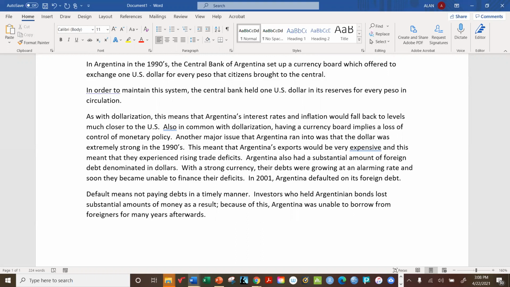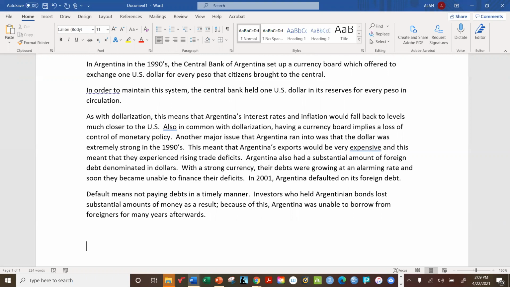It wasn't a surprise to anyone that they reached a point where they couldn't cover their debts because they borrowed so much money. Every year their budget deficits were just massive, and they just couldn't seem to get their spending under control. And so by having all that debt and having a strong currency, they could no longer earn enough money from exports to help pay for their foreign debts. And before you knew it, pow, in 2001, they defaulted.